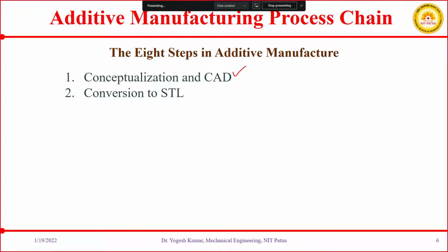Every software has some file extension for the part created in it, like for AutoCAD we have DWG, and for SolidWorks and ProE we have different extensions. Depending upon the modeling software you are using, you get the file extension.